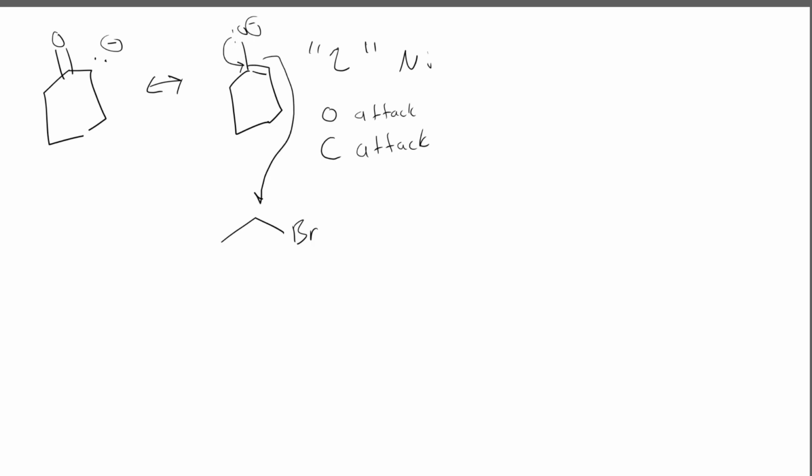Of course, we always push electrons 2 in, 2 out, kick this out, and this is a true C attack mechanism. But for all intents and purposes, it's a lot easier to just draw it in this form and show this happening in this form, which is still a C attack, and you'll see Klein talks about that as well. But this is sufficient.